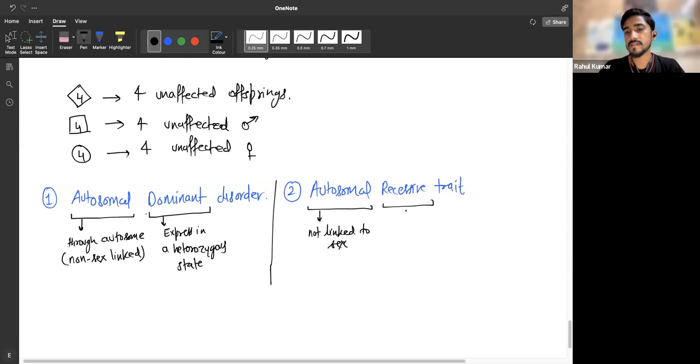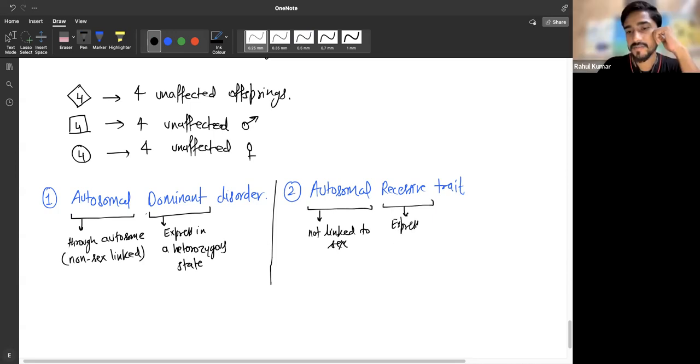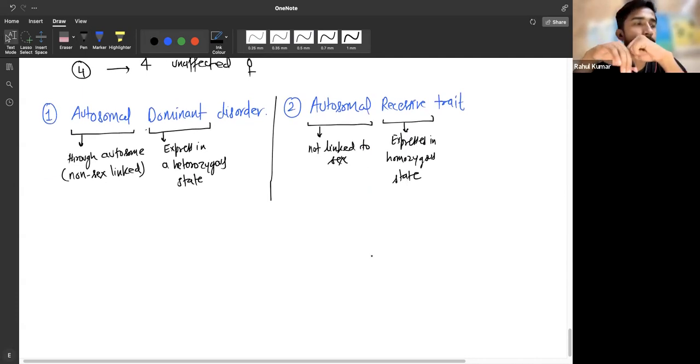And this time it is recessive. So what does this mean? Expressed in homozygous state. Yes, it expresses in a homozygous state. Correct?